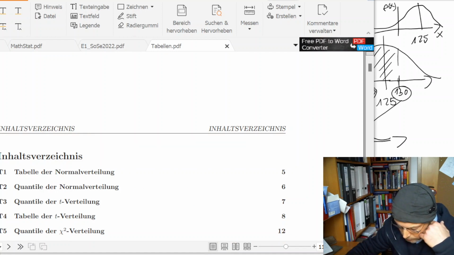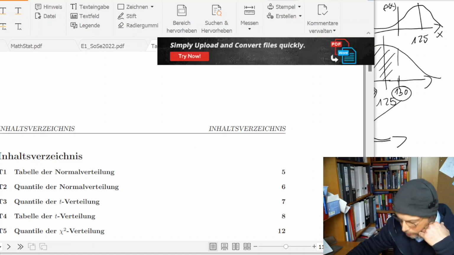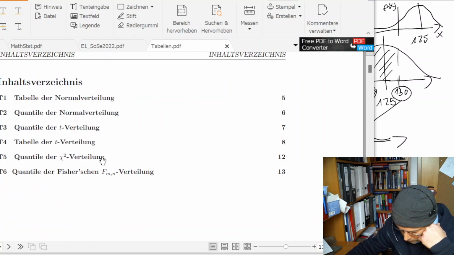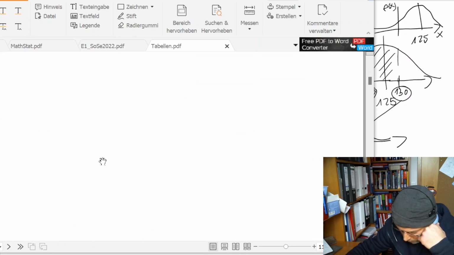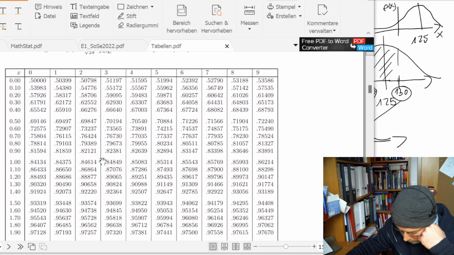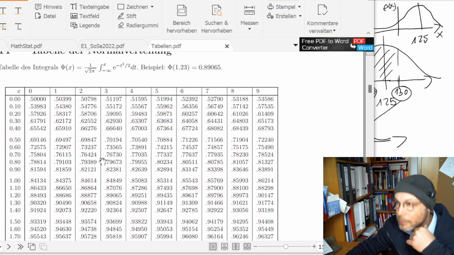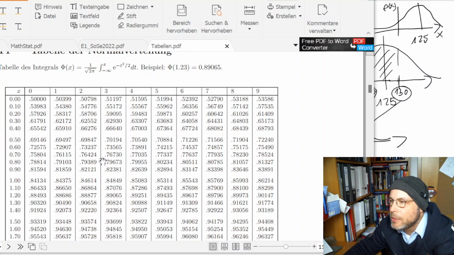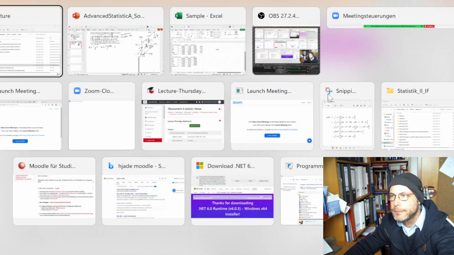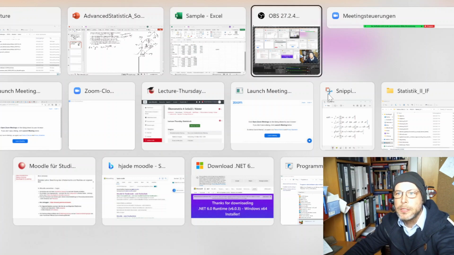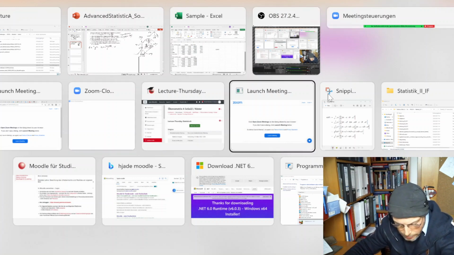The table I also hopefully already uploaded, or am I right? I uploaded the normal distribution in tabular form. This table you see. Where do we have to go? There.